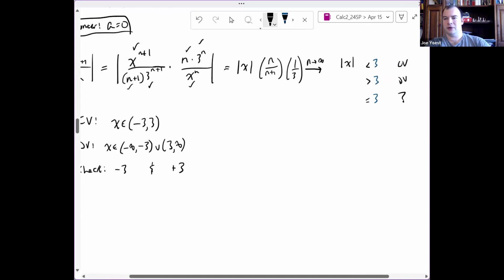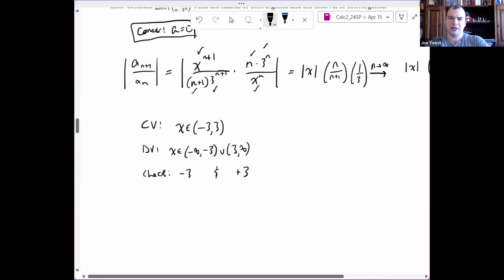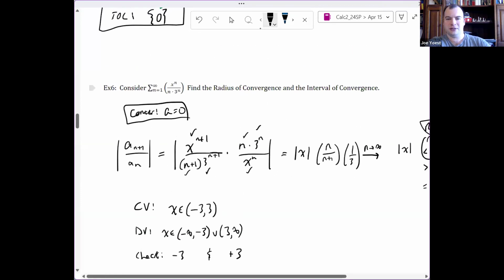Here I have a radius of convergence of 3. We haven't seen a radius of convergence that's not 0, 1, or infinity yet. This is how we would get one of those. It has the feel of a geometric series, like x over 3 all to the n.